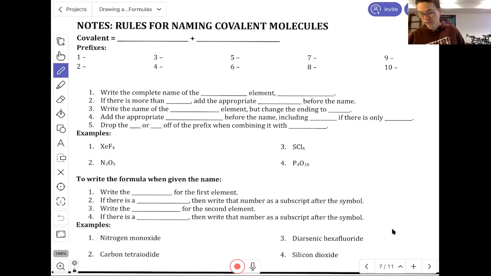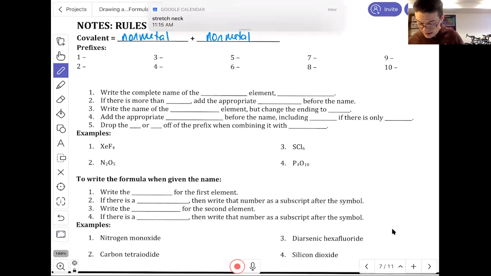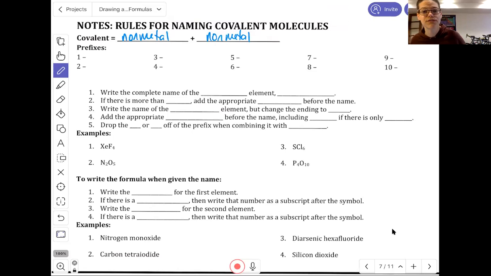So, from what we just did, covalent means you've got a non-metal plus a non-metal. That means you've got hydrogen and something on the right-hand side of the periodic table. And if you did the Edpuzzle video, I asked you to write down what these prefixes are because they went through them in the video.